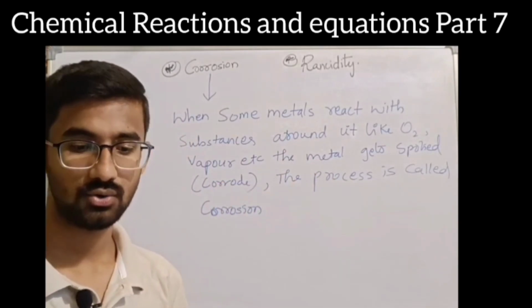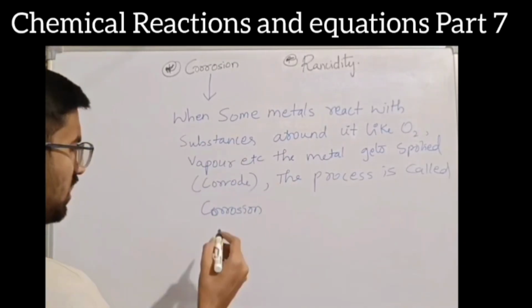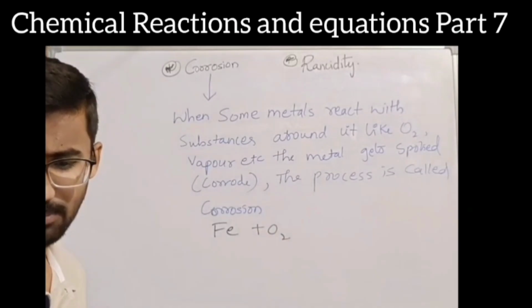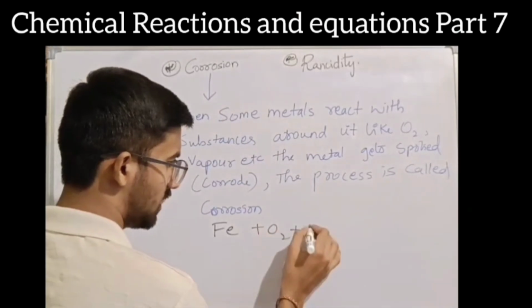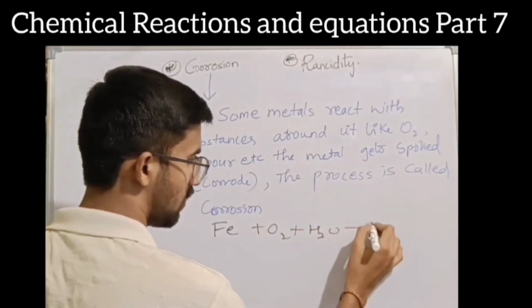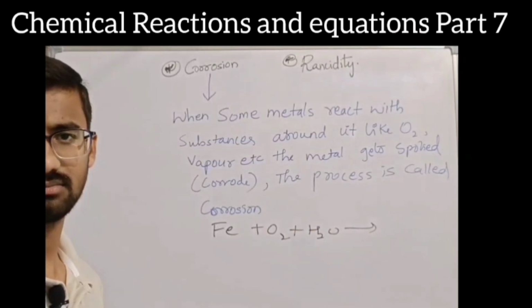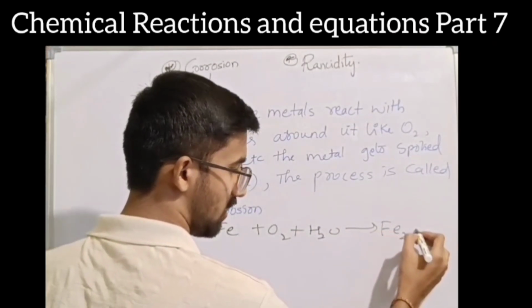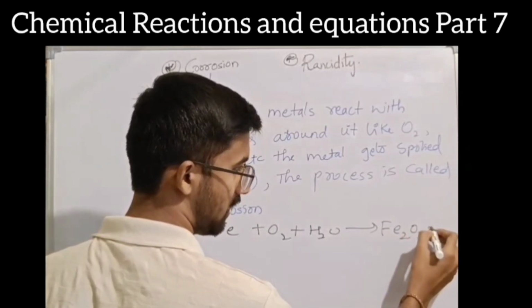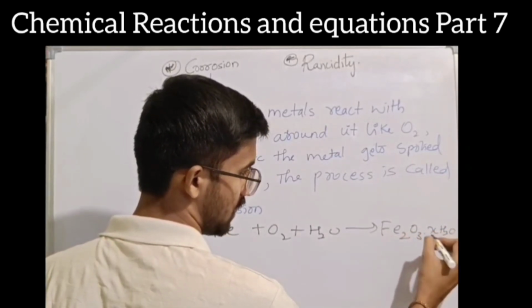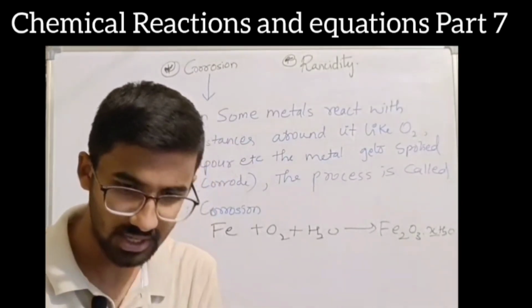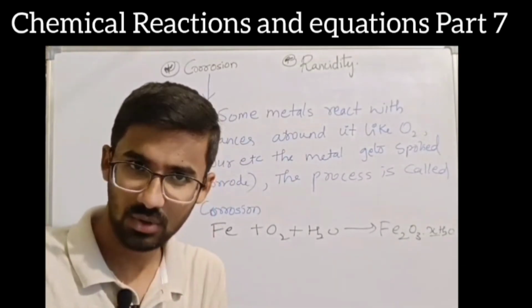Example, as I told, a simple reaction: Fe plus oxygen, and when we add water, what do we get? Ferric oxide, Fe2O3.xH2O. The number of water molecules present is x, because vapor is nothing but water.